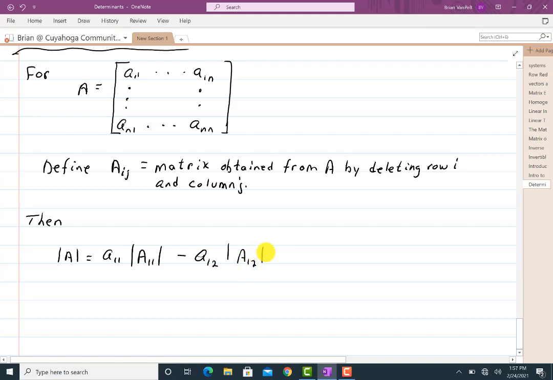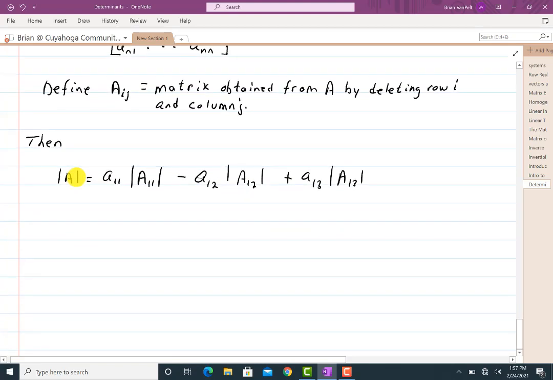Here, that is the matrix where I take out the first row and the second column, plus A13. Well, I think you're getting the idea here. And it goes on and on.